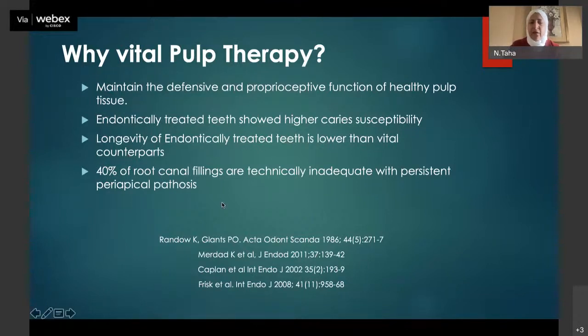And unfortunately, cross-sectional studies looking at the technical quality of root canal fillings showed that 40% of root-filled teeth are technically inadequate with persistent apical periodontitis. This is a global problem in Jordan, in London, in Sweden, in France, in Australia, in Germany. All cross-sectional studies, unfortunately, show low technical quality of root canal fillings.